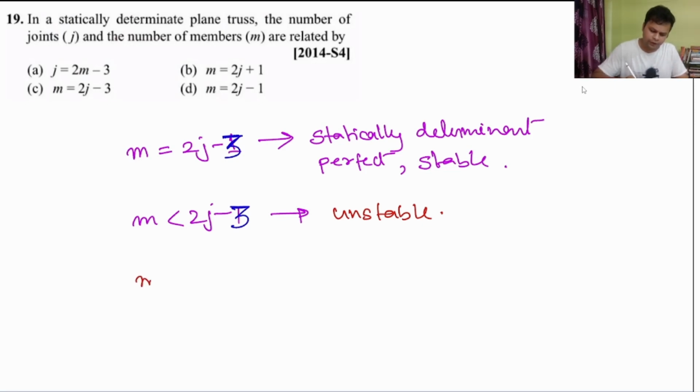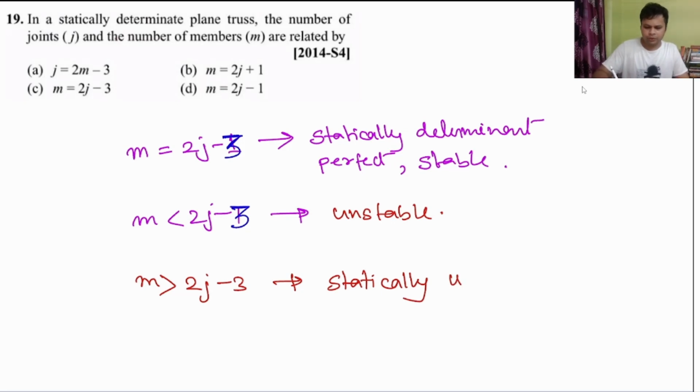And if m is greater than 2j minus 3, it is not definitely stable; we will call it indeterminate, statically indeterminate. Okay, so even I face a lot of confusion in remembering this.